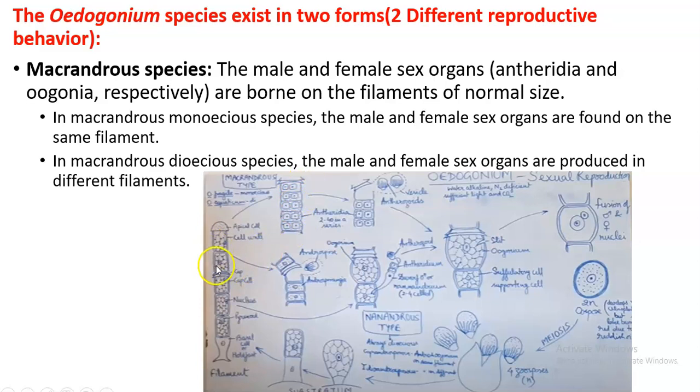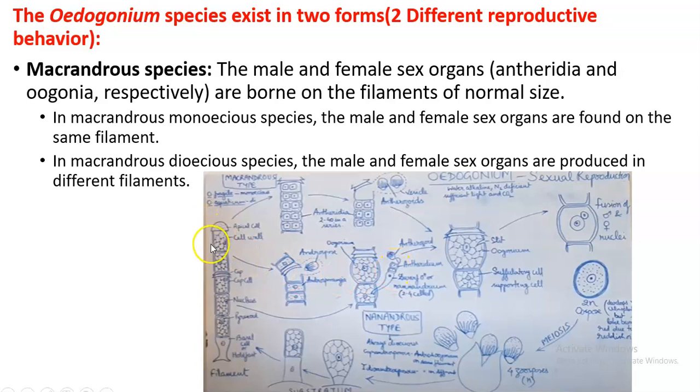So in the normal filament itself, one of the cells will modify into an antheridium. This is the case in the Macrandrous species. And in the Nannandrous species, the antheridia are not formed in the normal filament, but you can see a tail-like small tiny filament. You see this? This will bear antheridia at its top. So this is the only difference between Macrandrous and Nannandrous species.